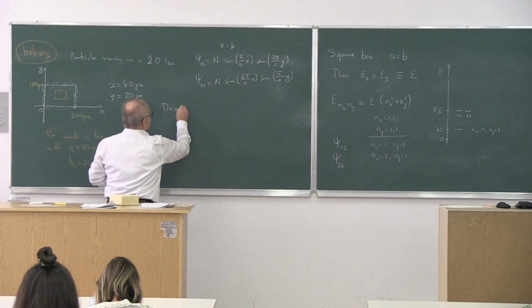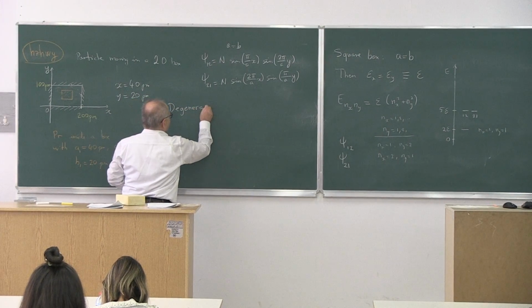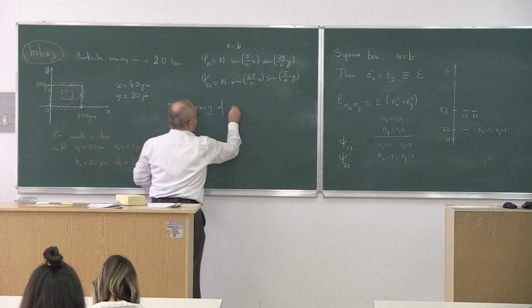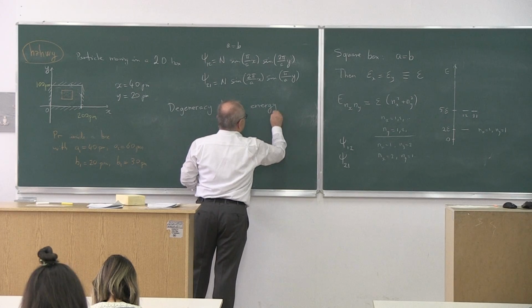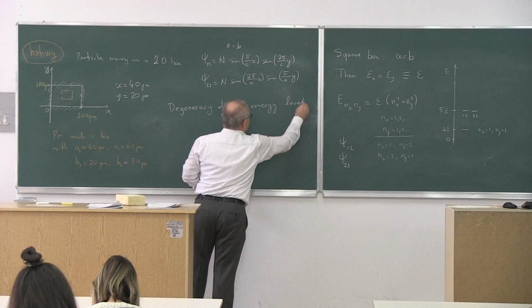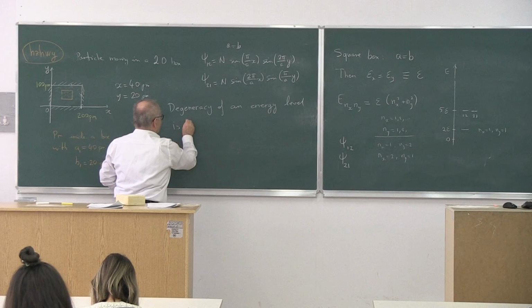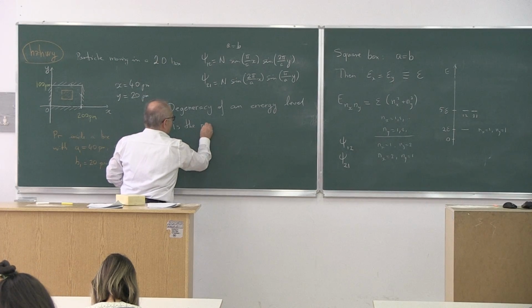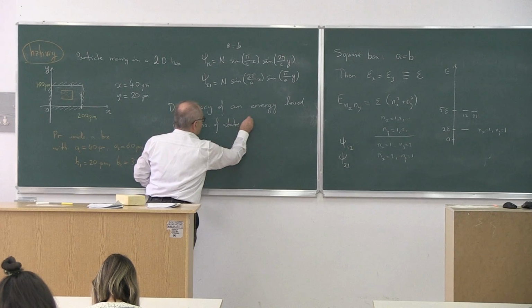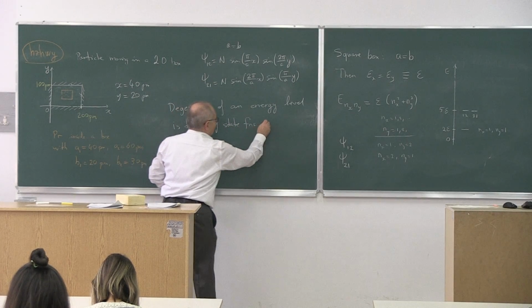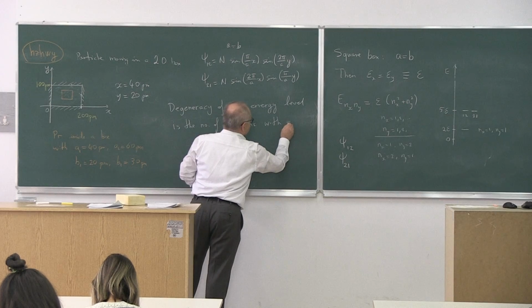So the concept is this: degeneracy of an energy level is the number of state functions with the same energy.